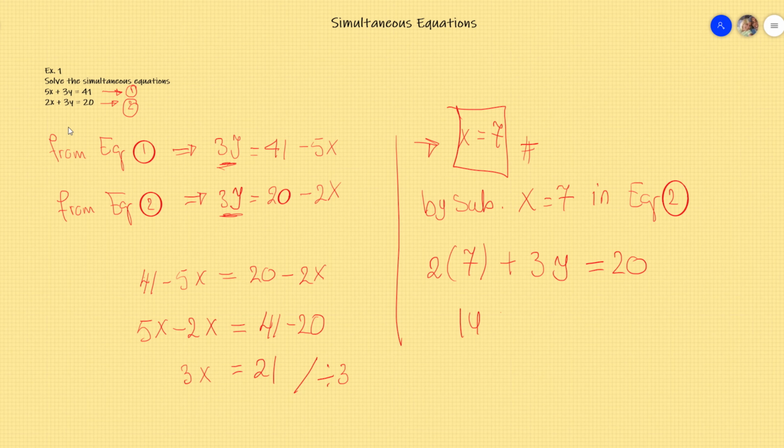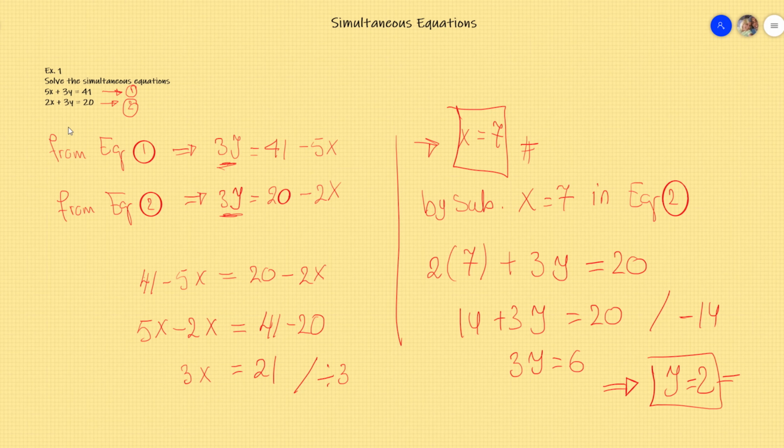So 14 plus 3y equal 20. By subtracting 14 from both sides, we get that 3y is equal 6. At the end, we get that y is equal 2.